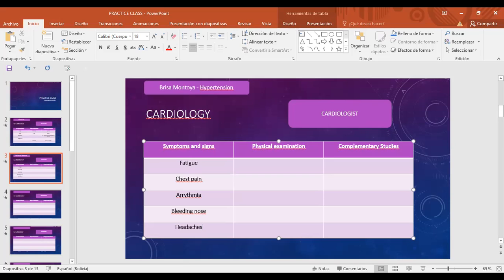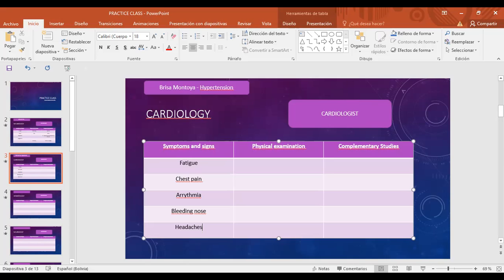Do you know what blood pressure would have to be to produce a headache? More than 140 and 40. Which one? We have the systolic and diastolic pressures, right? Which one is more related to headaches? Do you know that?